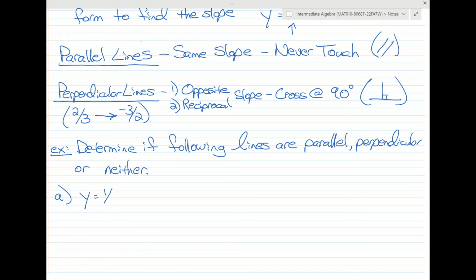So I'll have y is equal to 1/2 x minus 3, and y is equal to -2x.